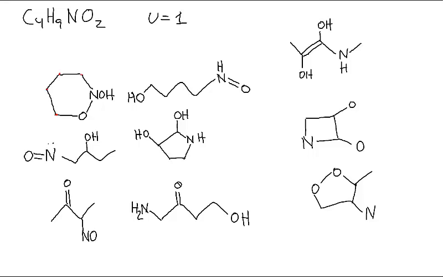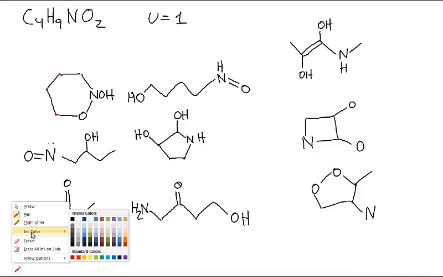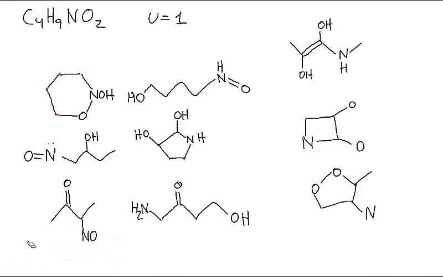I might change it slightly by just being more explicit about what this NOH means, and just showing a bond here to go to the OH. But that's a valid structure. We'll see that, having nitrogen and oxygen bonded in this way, probably not something we're going to see at any point in the course. It's not one of our common functional groups, but valid structure for an isomer.